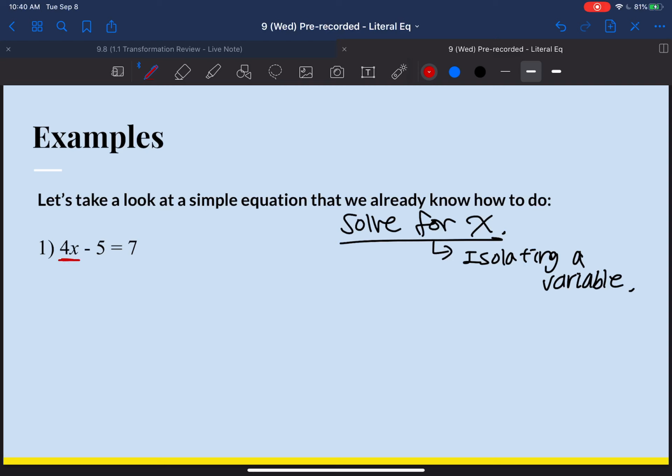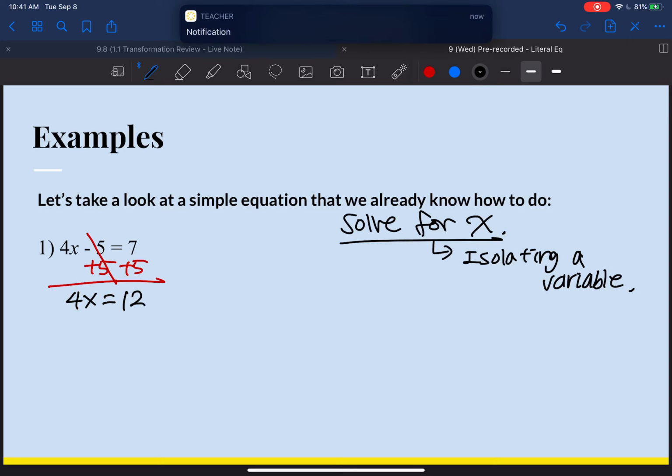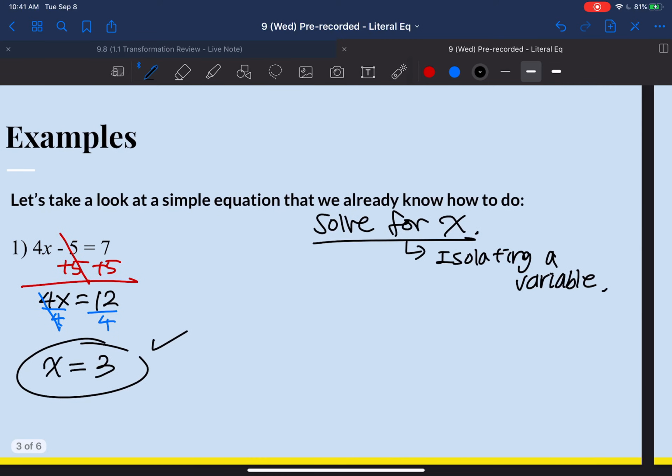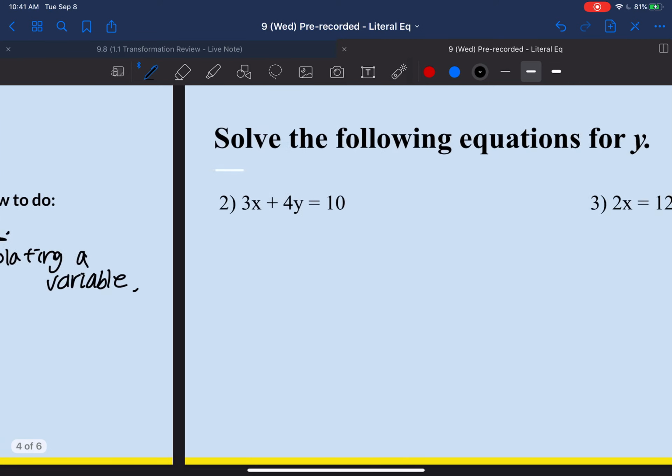I have to isolate my 4x, which means I add 5 on both sides to eliminate it. So 4x equals 12. My x is on the left by itself, and then I just have to divide by 4. So it becomes x equals 3. So I isolated my x. You can pause and copy this.